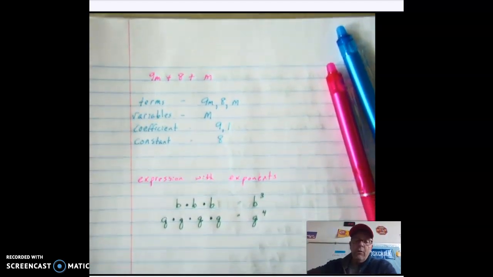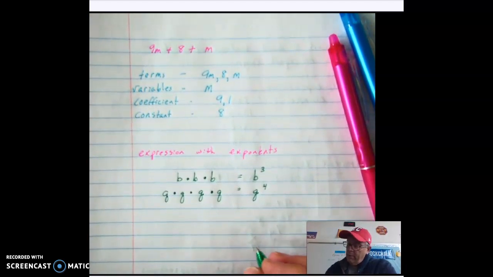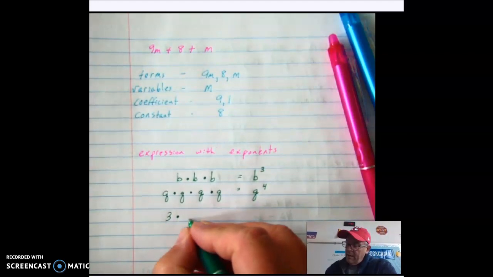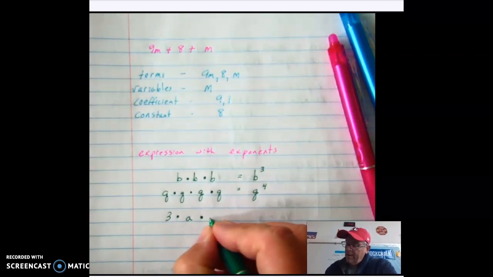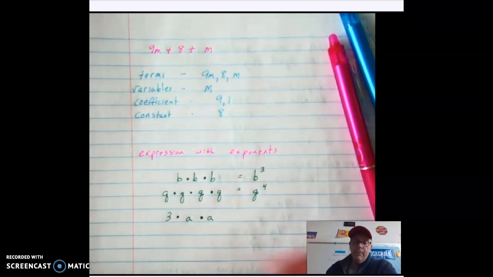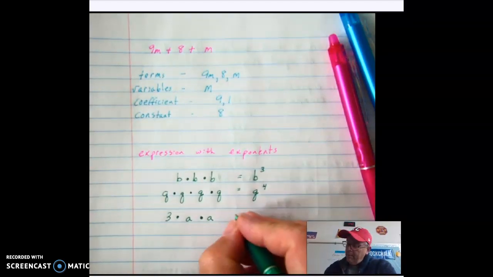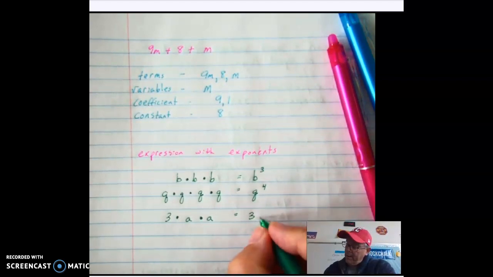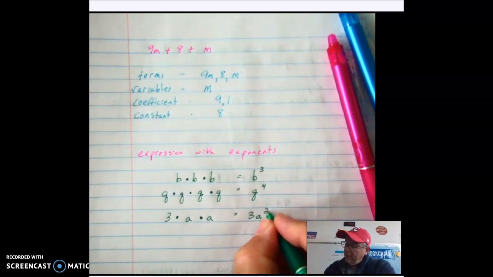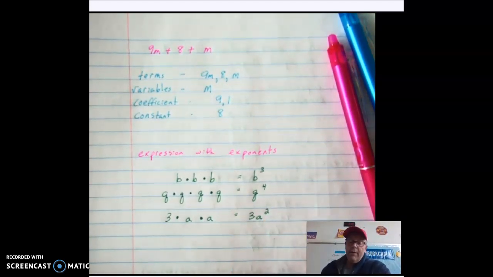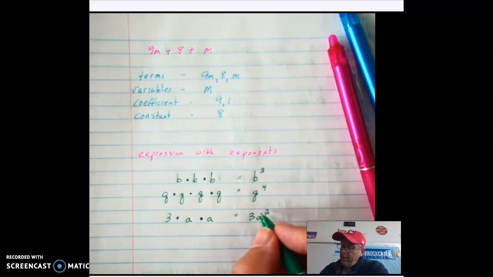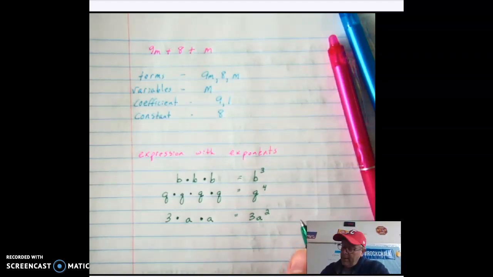I can also put in some numbers too. So if I did 3 times a times a. So I'm going to do 3. That's going to equal 3. And then a's multiplied together would be a squared. So it would look all together like that. 3a squared. And just like what we did when we were learning about order of operations, it means this is all going to be multiplied.